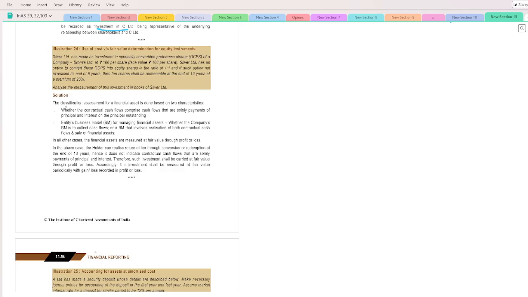The classification assessment for the financial asset is done based on two characteristics: whether the contractual cash flow comprises the SPPI test, and the entity's business model for managing the financial asset, whether the business model is to collect the cash flow or involves the cash flow or the sale of the financial asset. In other cases, the financial assets are measured at FVTPL.